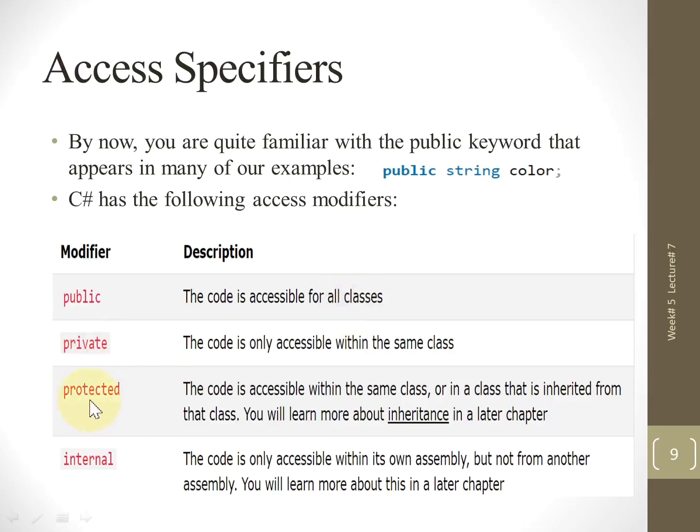Protected means it will be accessible only within the class and the inherited classes. What about internal? Internal is used only within its own assembly, not for other assemblies. It means it will be accessible within the same project, not within other projects.